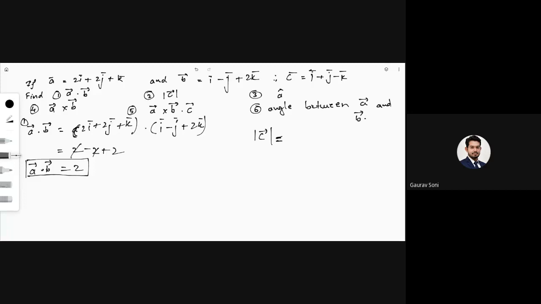Yes, can you tell me the modulus of c bar? Okay, anyone else?